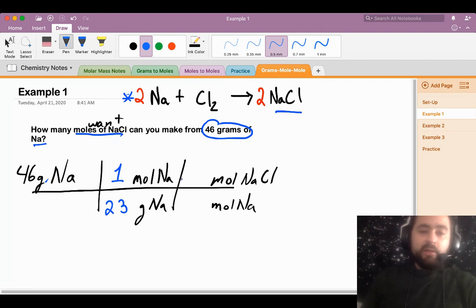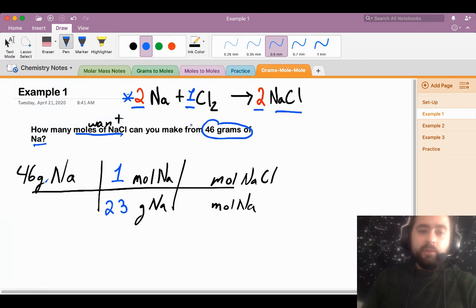So now that that's done, now I need to put in what I know for this. Now this is mole, so this is mole ratio. And for mole ratio, remember that we need to put in whatever numbers are in front of our compounds or molecules and elements from the equation. If something is blank, there's a 1.